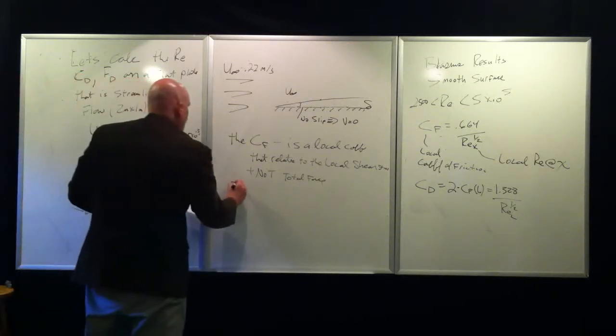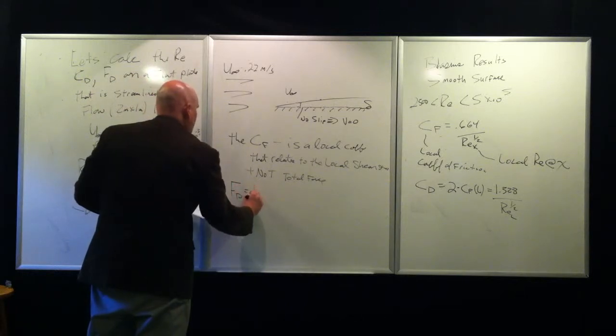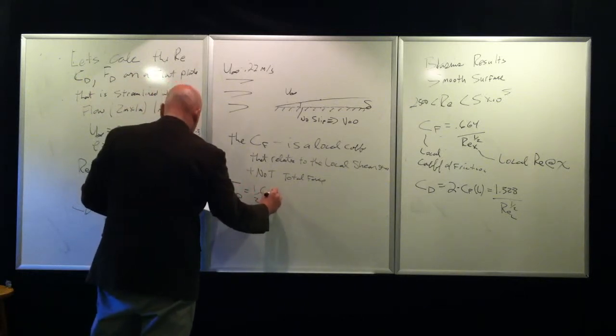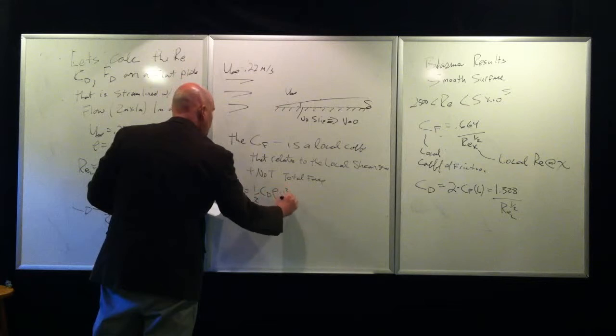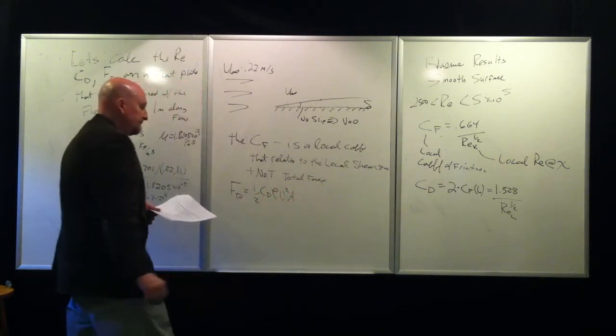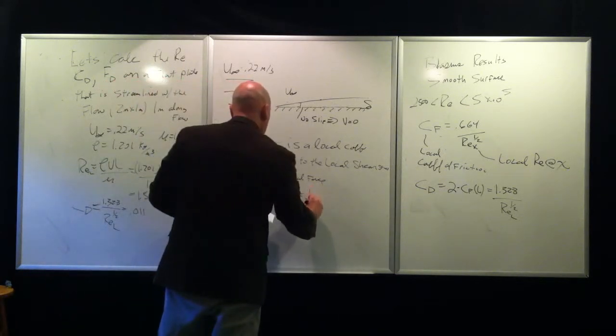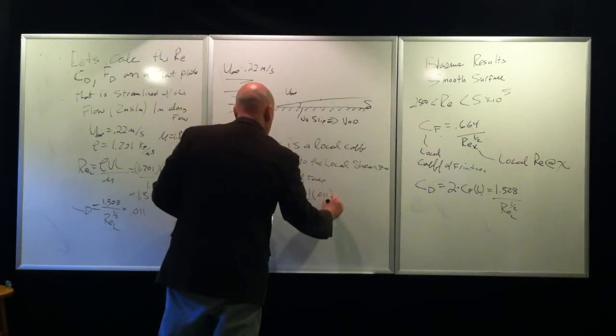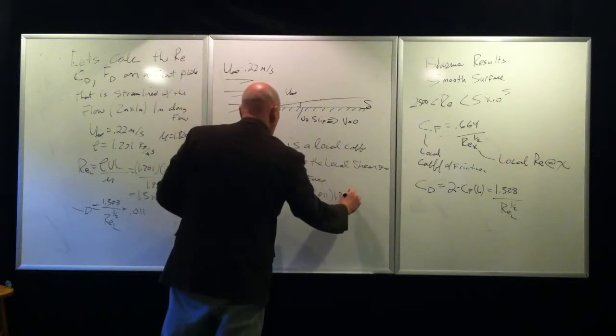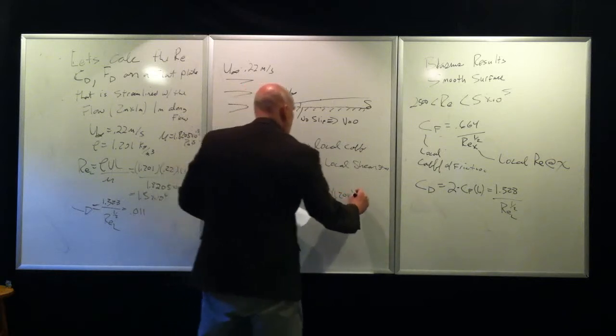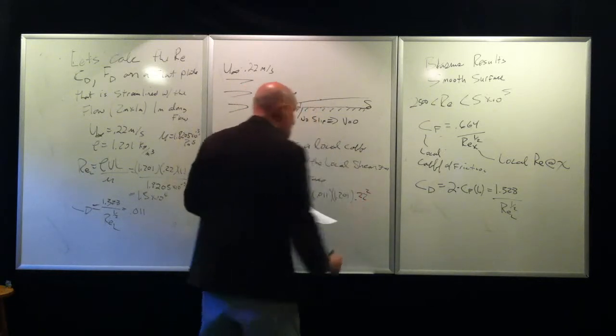And finally, to come up with the force of drag is 1/2 the coefficient of drag, rho V squared A. Substituting our numbers in, 1/2 times 0.011, density is 1.201, the velocity is 0.22 squared.